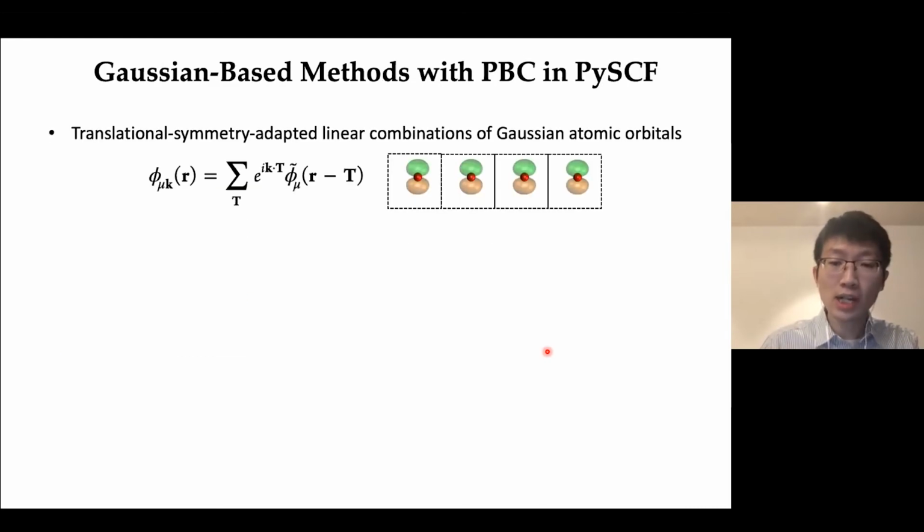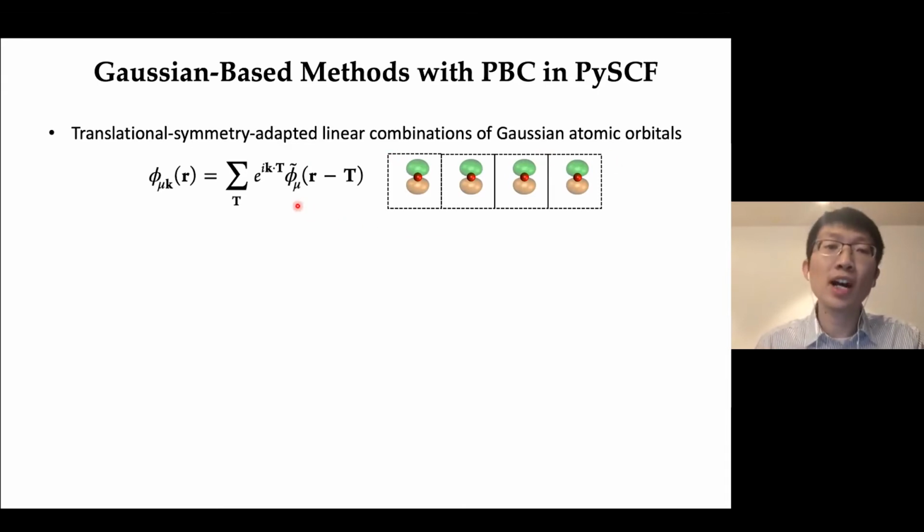Before I talk about the GW method implemented in Gaussian basis, I want to briefly talk about periodic electronic structure methods implemented using Gaussian basis in the PySCF quantum chemistry package, which is what we are using. So our basis is a translational symmetry adapted linear combination of Gaussian orbitals.